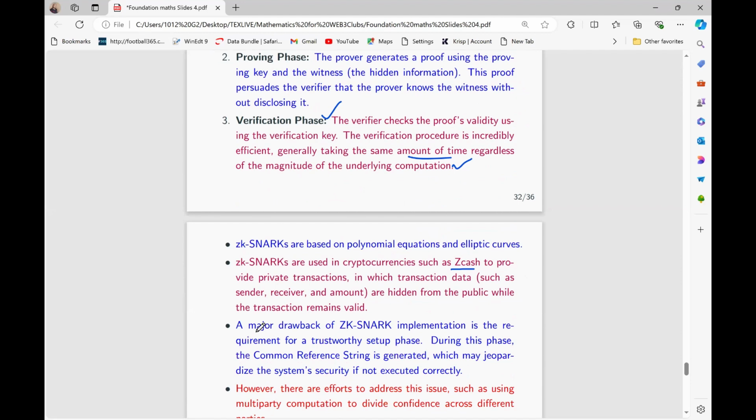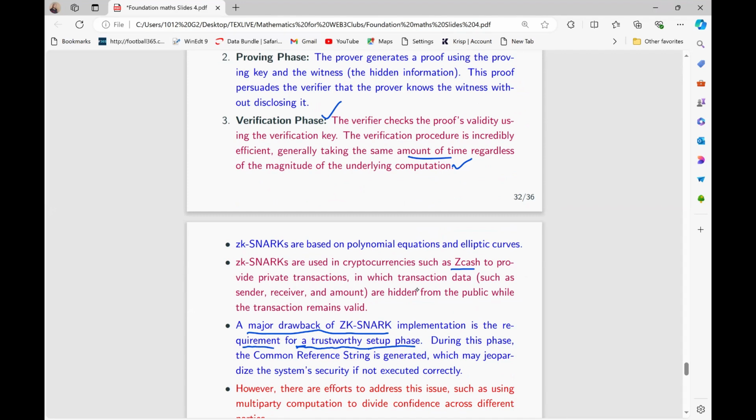Now, the disadvantage I talked about, the major drawback of the ZK snark in the implementation, is the requirement for a trustworthy setup phase. Why is it a disadvantage? Why is this a requirement?